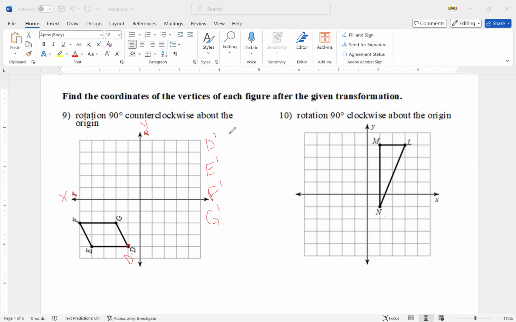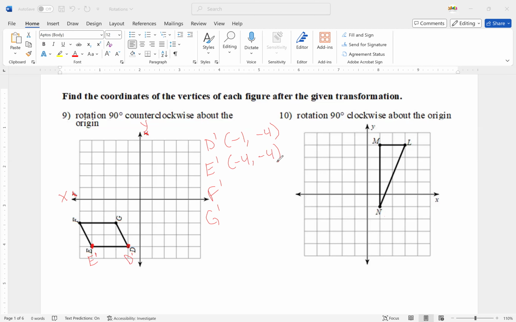Well, the coordinates are -1, -4. Okay. How about E prime? You see where E is? So that's my E prime. What are the coordinates of E prime now? Well, -4, -4.